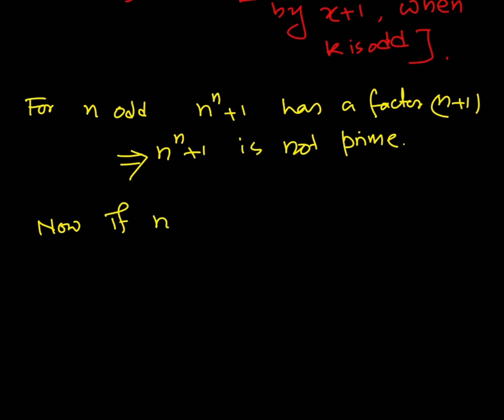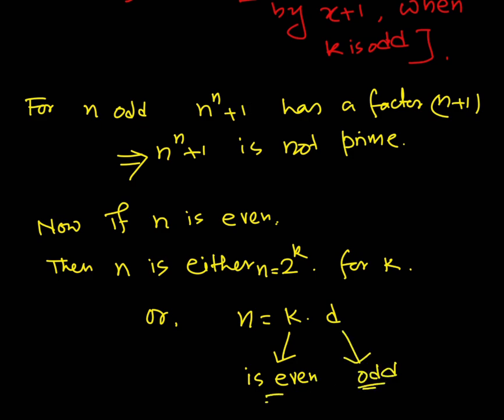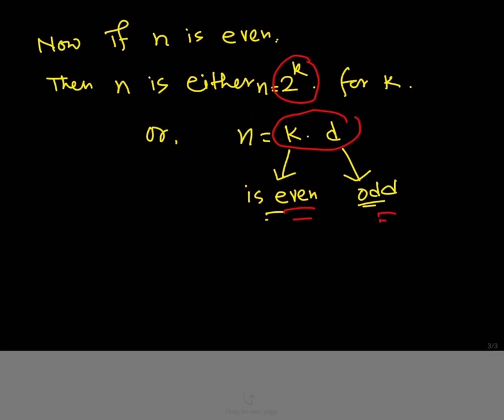Now if n is even, then n is either 2 to the power k for some k, or n equals k times d, where k is even and d is odd.